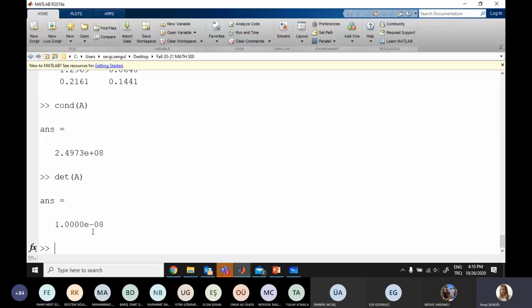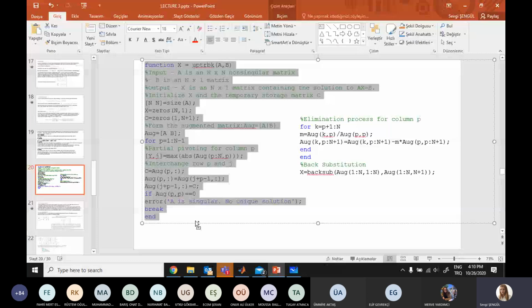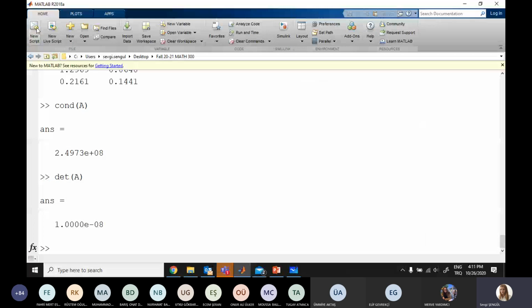And I also provide you in the class notes the function for Gaussian elimination. To be able to work with this function, open a new script, copy paste that one, and don't forget to copy paste the remaining. I put it in 2 different parts.